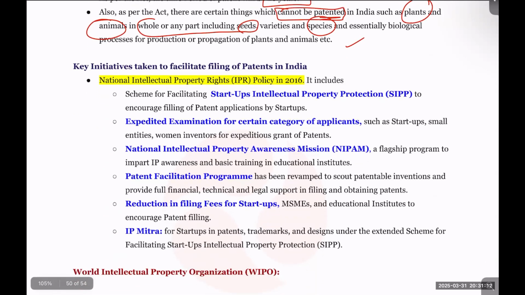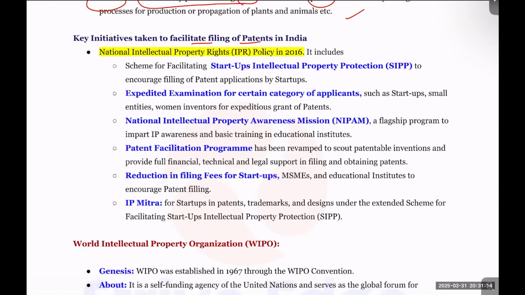What are the initiatives taken to facilitate the filing of patents in India? The National Intellectual Property Rights Policy was launched in 2016, and it facilitates Startup Intellectual Property Protection, SIPP. It also gives other measures like expedited examination for certain categories of applicants. If a company is a startup, a small entity, or woman-led, then the patent granting process is expedited and done very fast.